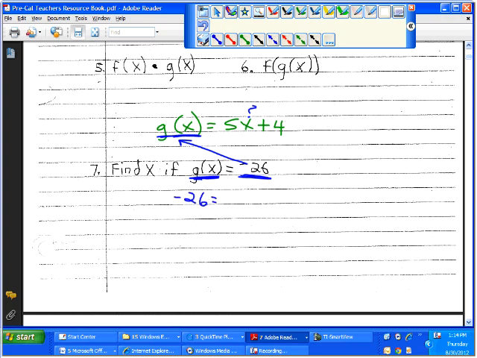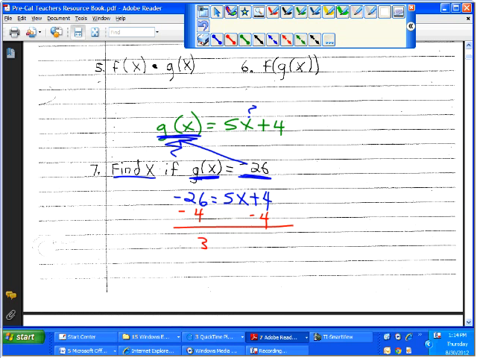So we're going to have negative 26 equal 5x plus 4. Find the value of x when the function value is negative 26. What value of x would produce that function value? Any questions on that? Okay. So we're going to undo addition by subtraction.